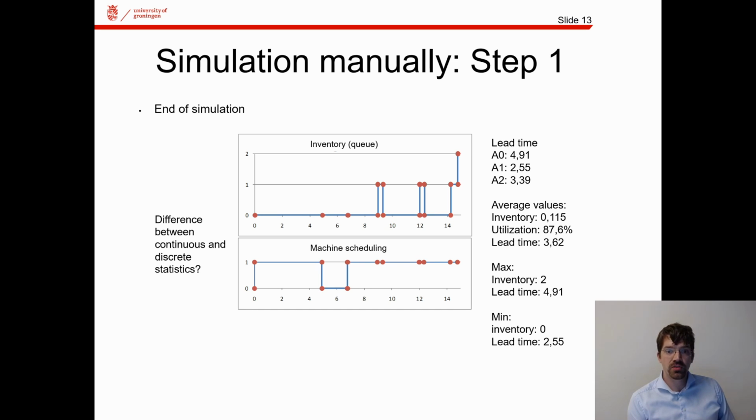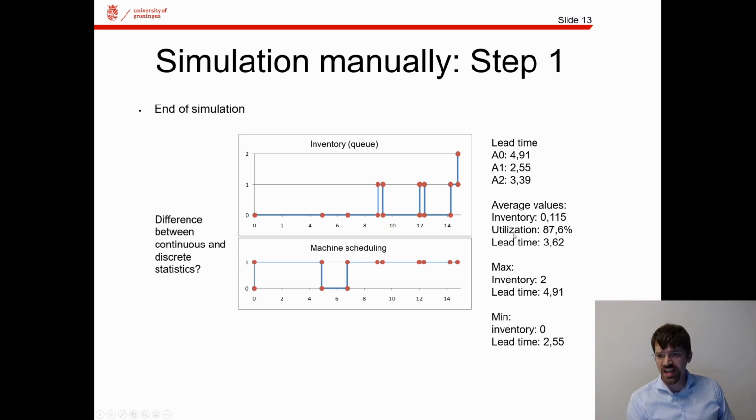So we would like to identify the maximum queue length in front of the machine. So we will have a look at this inventory of the queue, and then we recognize that the maximum is 2. So we can tell the production planner, logistics planner, supply chain planner that the inventory should be at least 2 units.